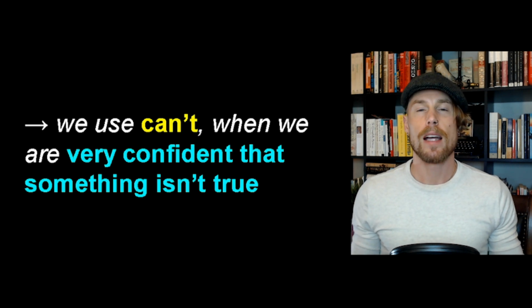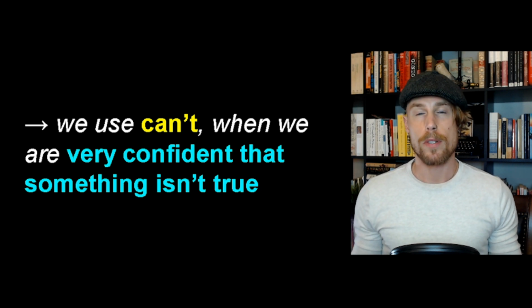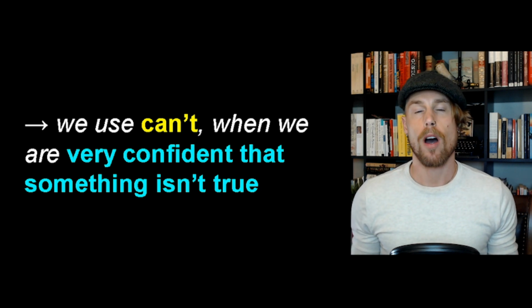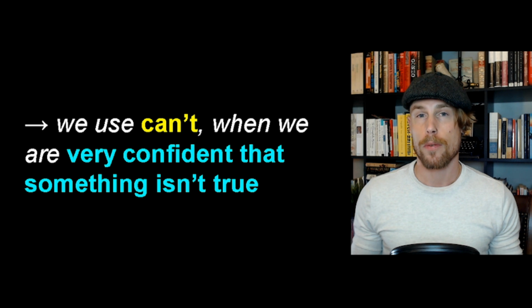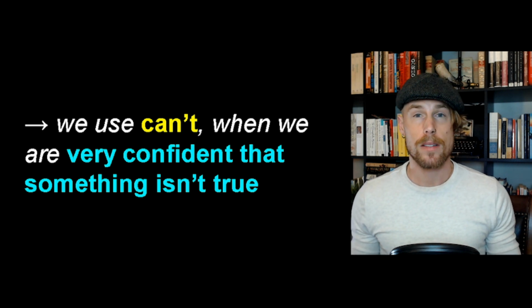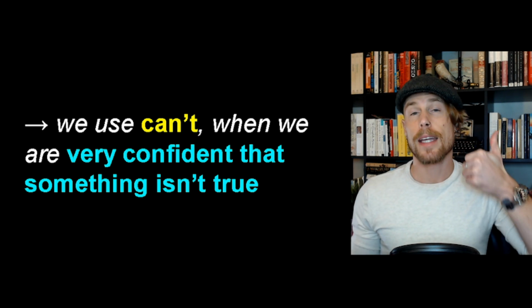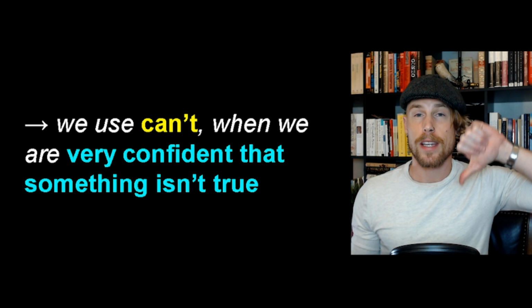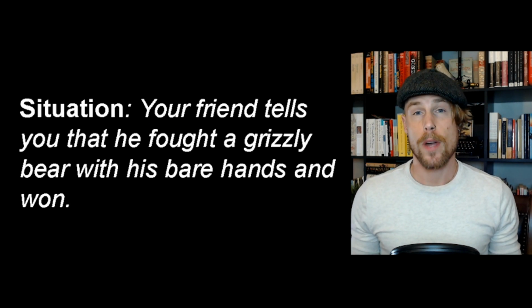Okay, let's talk about can't. We use can't when we are very confident that something is not true. So must is confident something is true. Can't is confident something isn't true. Situation.